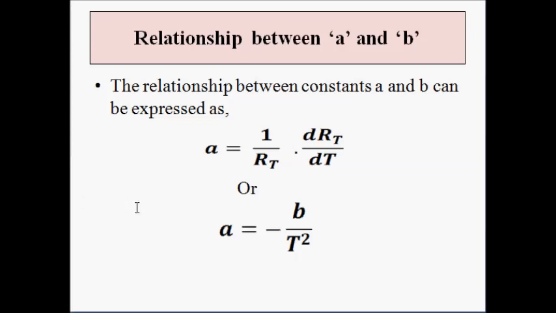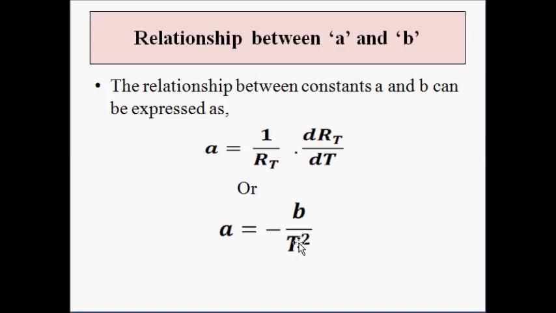These are the relationships between the constants of the thermistor A and B, which depend on the type of material used for the fabrication of thermistors. So it is the reciprocal of thermistor resistance multiplied with the differentiation of the thermistor resistance with respect to temperature, which is simplified as A = -B/T².